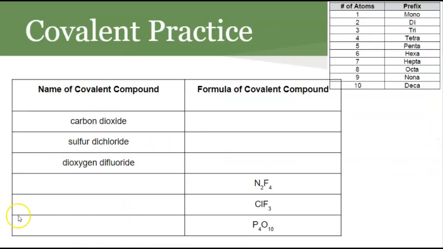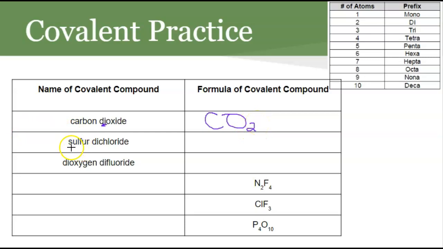So we'll do a couple of examples of what this looks like, and I put the chart for you in the corner so that you would always have the ability to reference it. So carbon dioxide. Here, again, there's no prefix, so that leads me to believe I just have one of them. And then dioxide. Well, I know oxide is oxygen, and di means 2, so I'm just going to put a 2 there.